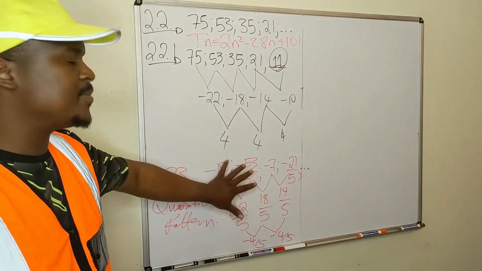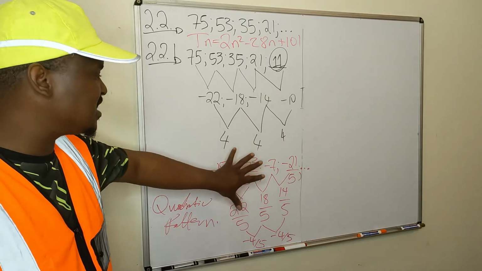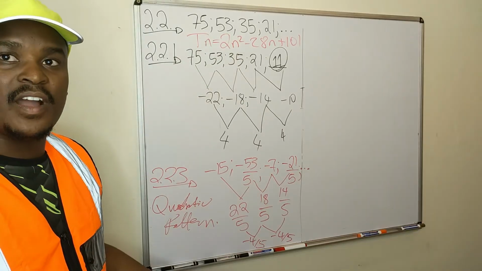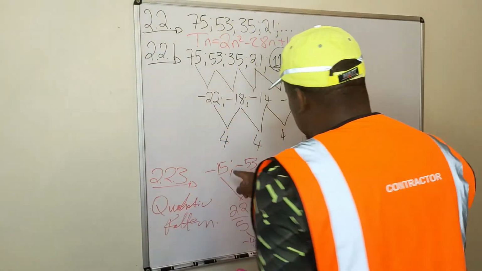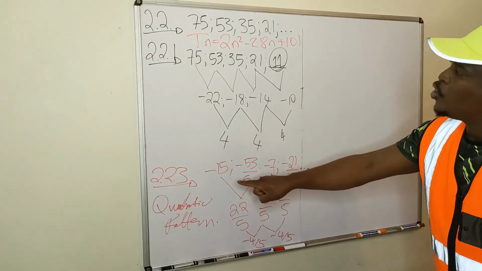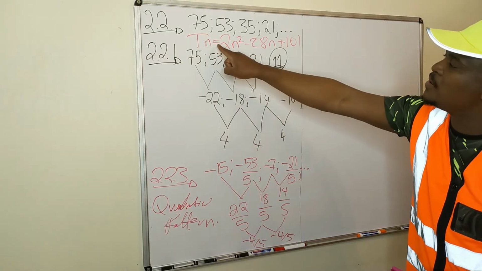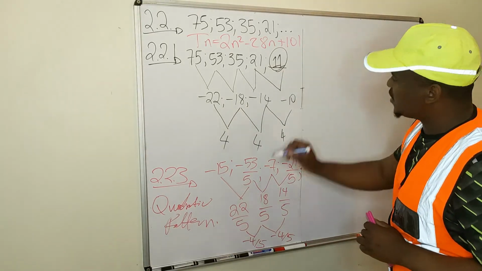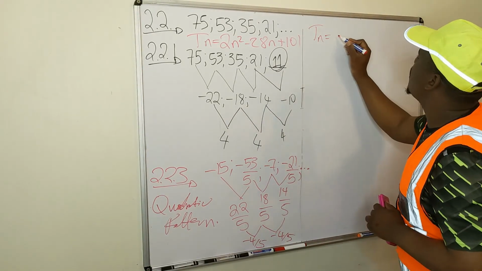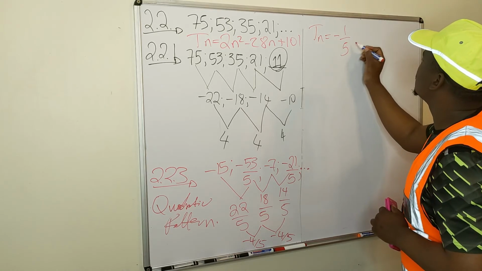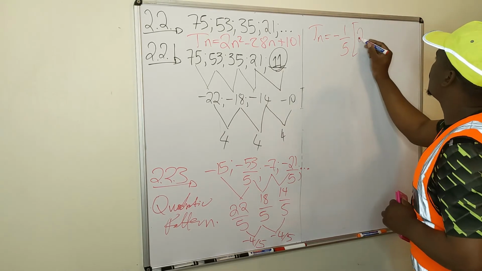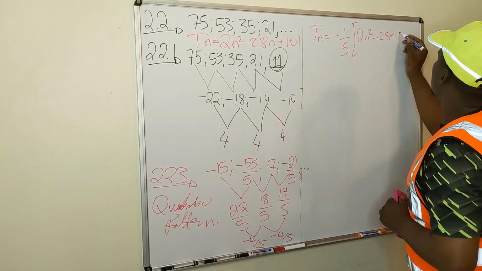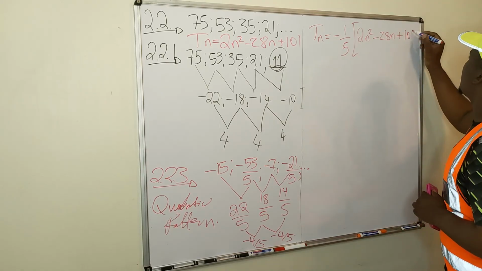So now, if you want to get the terms of this pattern, you must divide the terms of the original by -5. So the general pattern of this sequence will be similar to the first one, only divided by -5. So your Tn for the new pattern will be -1/5 times 2n squared minus 28n plus 101.